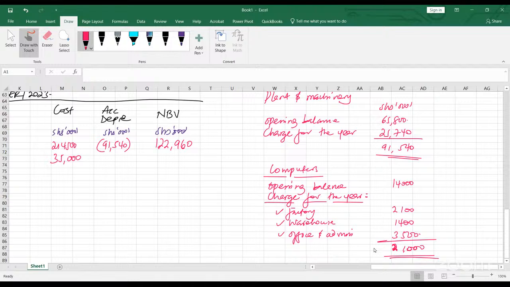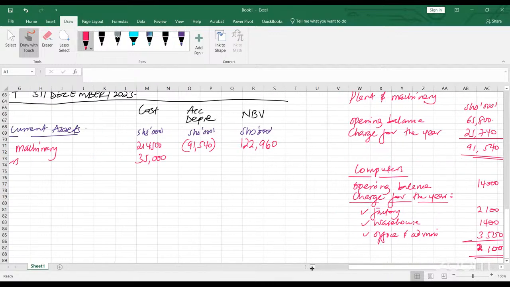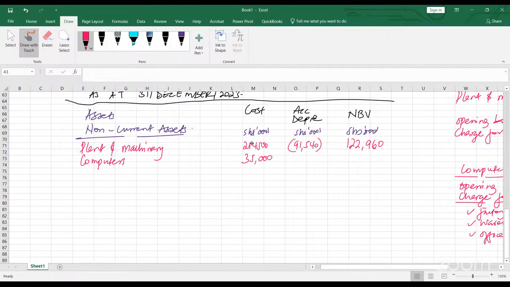Yes, Joe, you're right, it's 7,000. That is the total charge for the year. But on the 7,000, we add the opening balance of 14,000 to make it 21,000. So accumulated depreciation on the computers is 21,000.